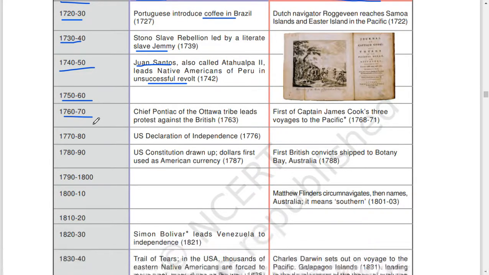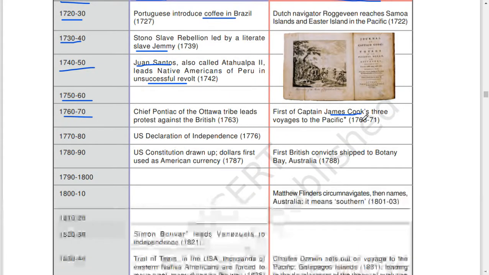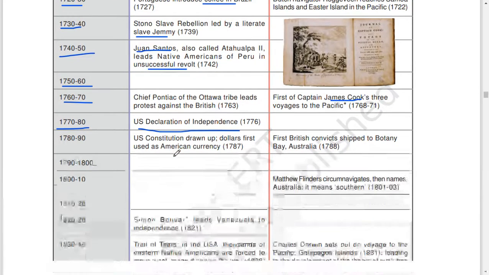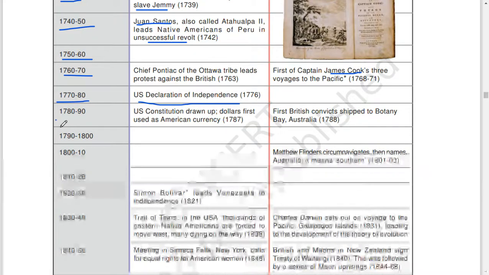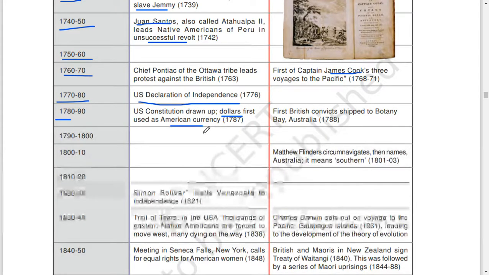First of Captain James Cook's three voyages to the Pacific, 1768 to 71. 1770 to 1780, U.S. Declaration of Independence, 1776. 1780 to 1790, U.S. Constitution drawn up, dollars first used as American currency, 1787. First British convict ship to Botany Bay, Australia, 1788.